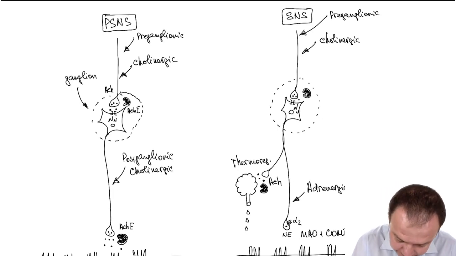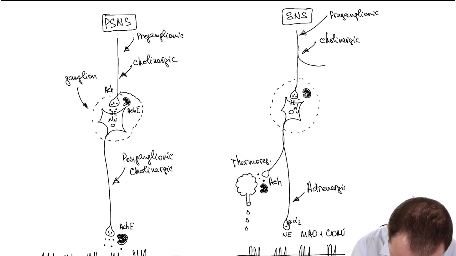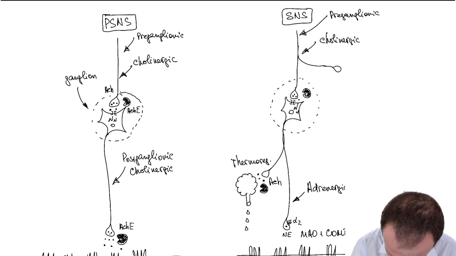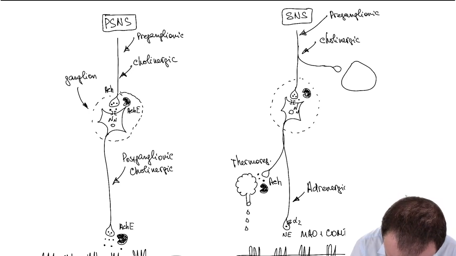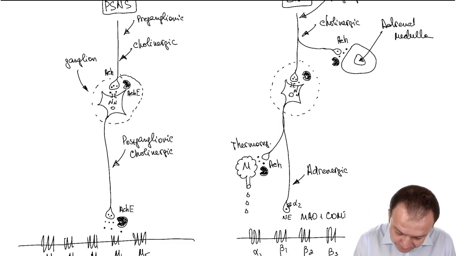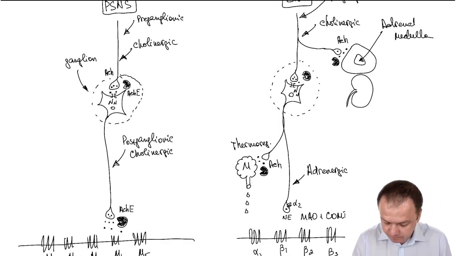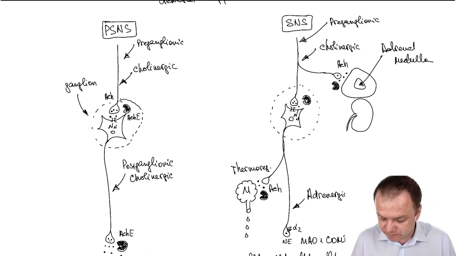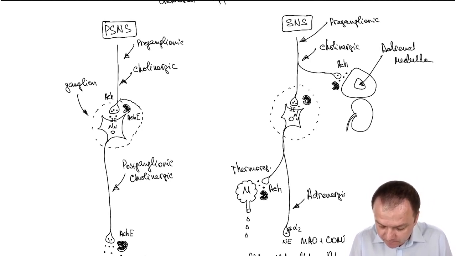Preganglionic fibers of the sympathetic nervous system that innervate the adrenal medulla also release acetylcholine. And as a result of rising sympathetic nervous system tone, preganglionic fibers release acetylcholine to the adrenal medulla.